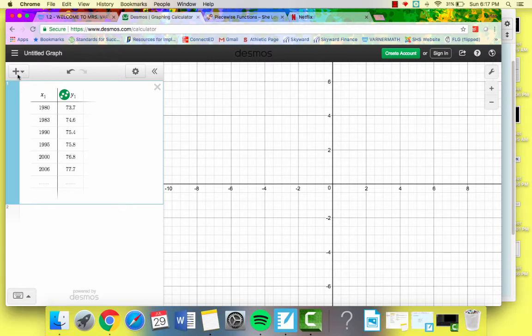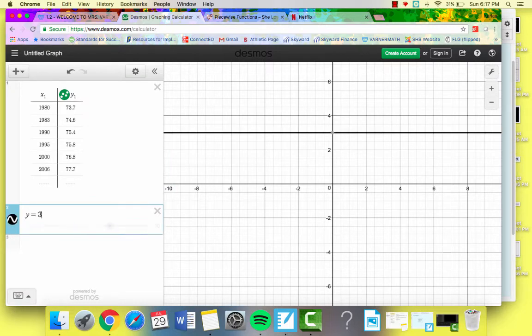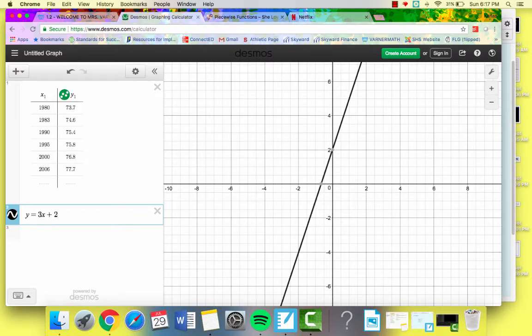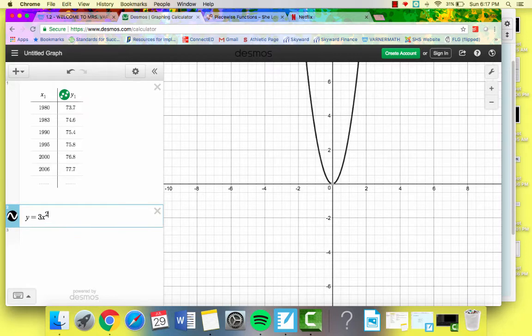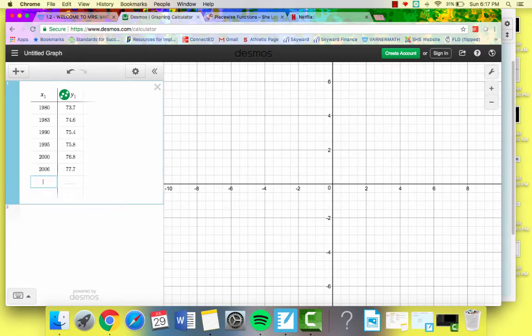There's a little plus sign up at the top that gives you some options. Most of the time it's just a blank place where you could type in equations like y equals 3x plus 2, and it will graph that line for you. Or you could graph pretty much anything, like 3x squared, which is a parabola. But obviously we're not graphing an equation, we're graphing a data table.